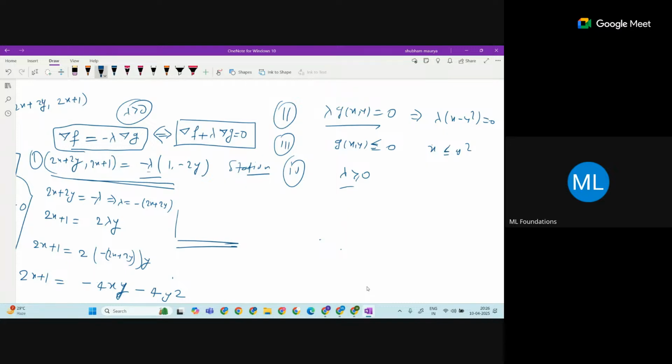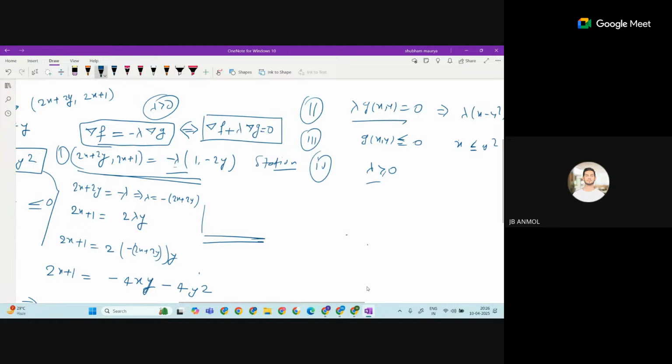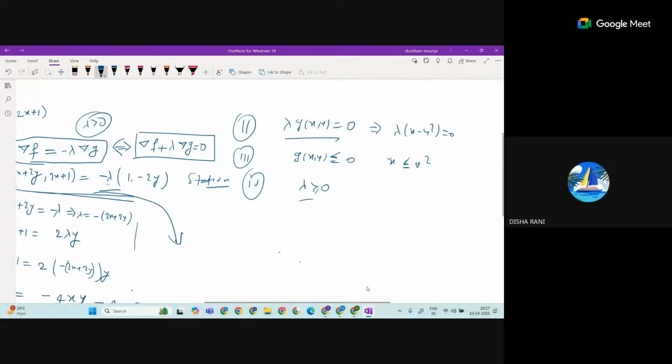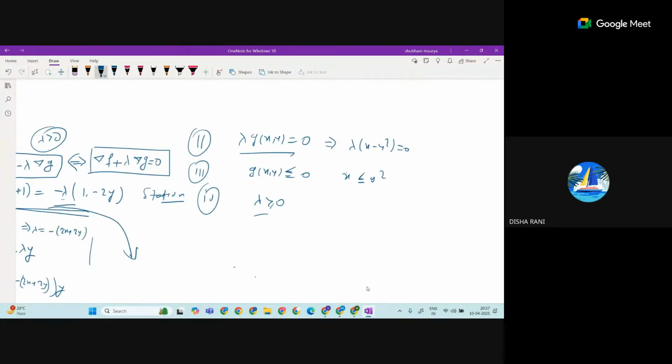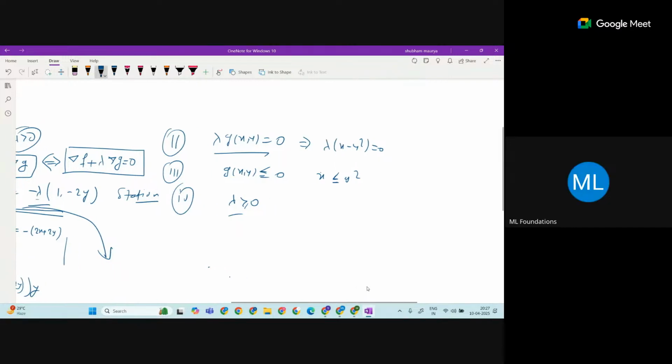So now it's the same set of equations, right? Now how are you solving? In complementary slackness, if we assume the interior point, x minus y square is less than 0, then lambda is 0.